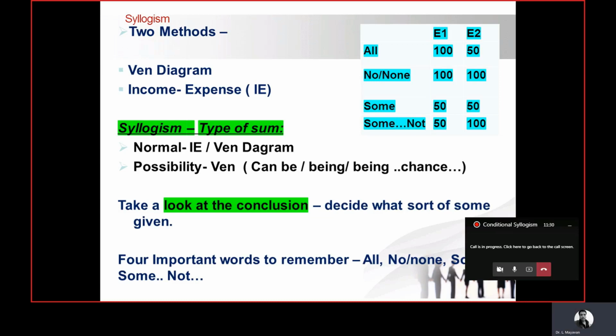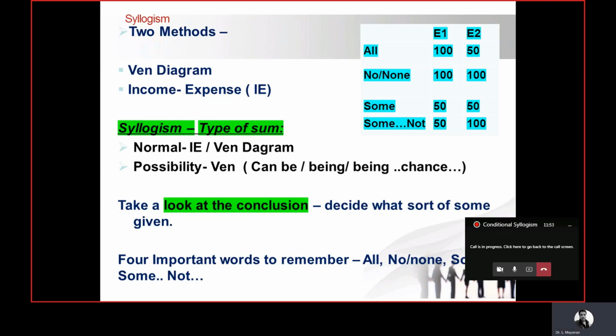First of all, students should take a look at the conclusion and decide what set of questions are asked. There are 4 important words to remember: all, no or none, some, and some not.